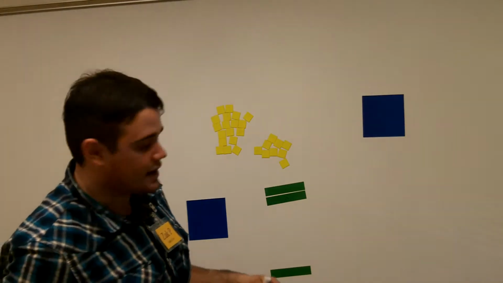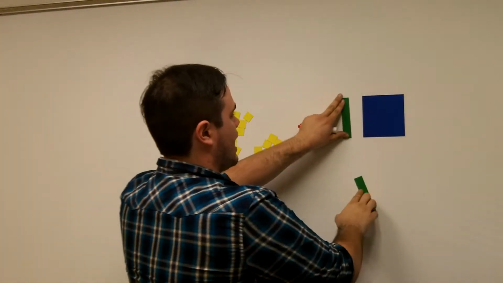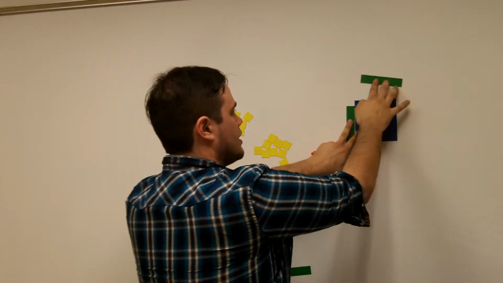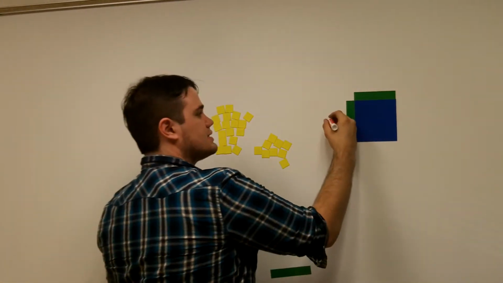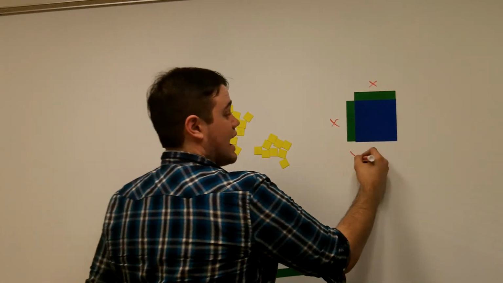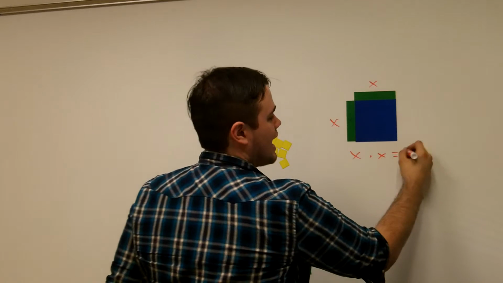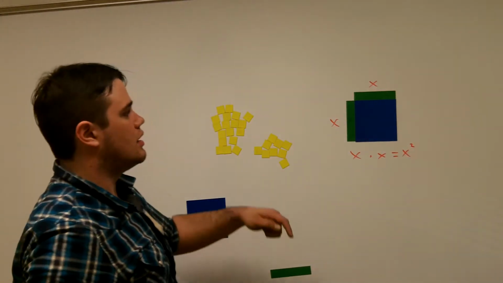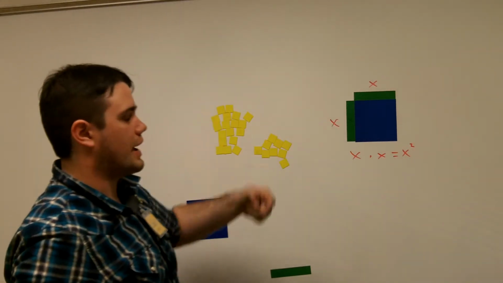But if I take my two x's here, in the same sense where I had 3 high and 3 along the top, I have x and I have x. This is x times x, otherwise known as x squared. The square is made up of the unknown unit lengths of x.